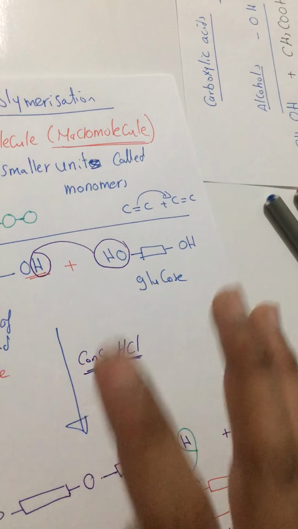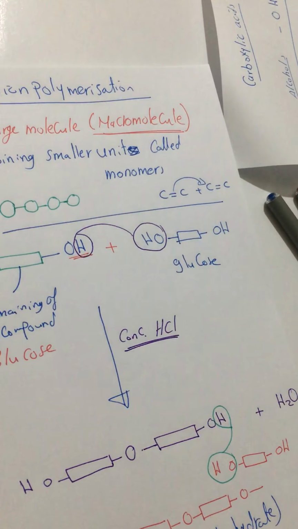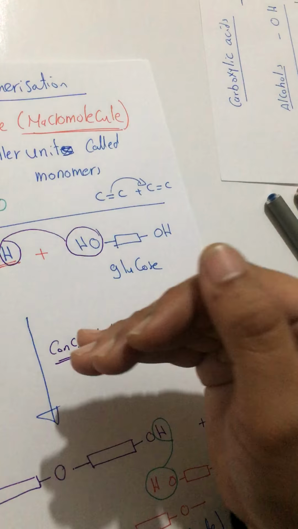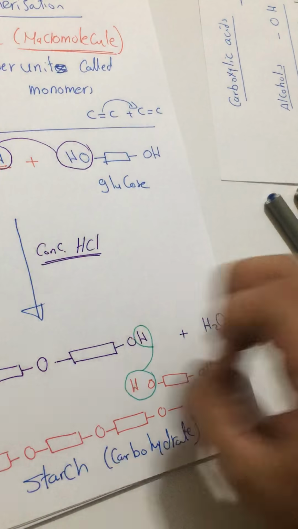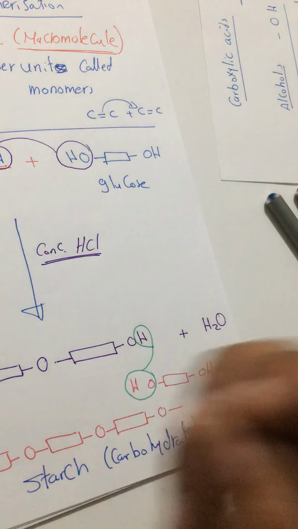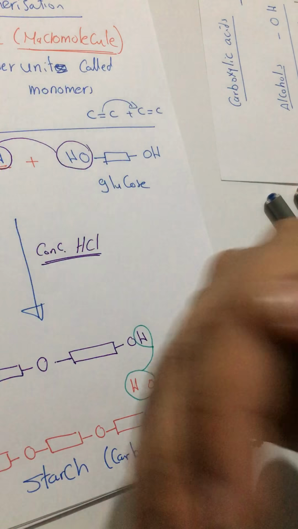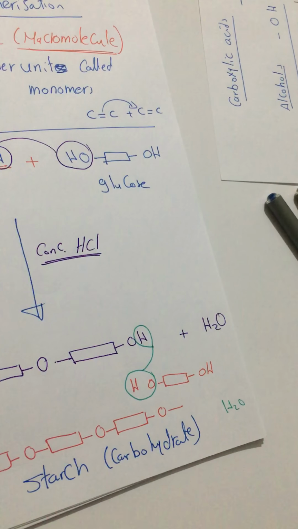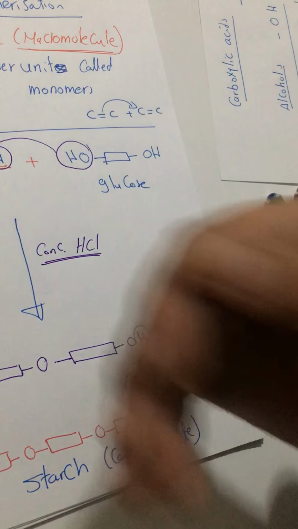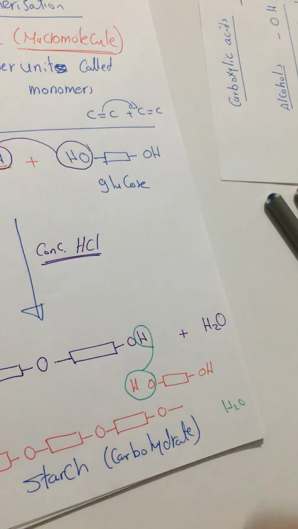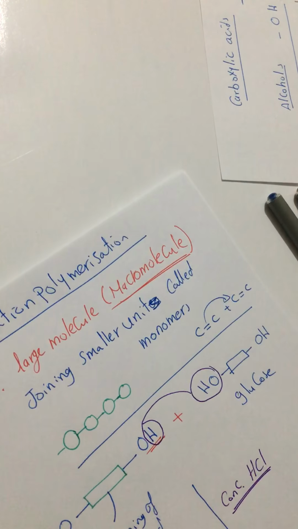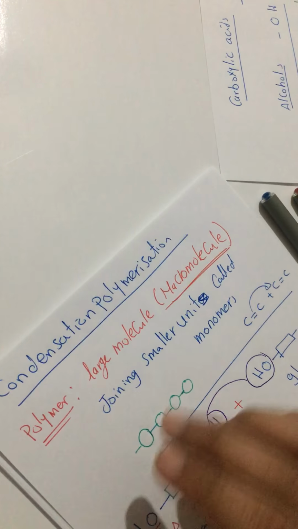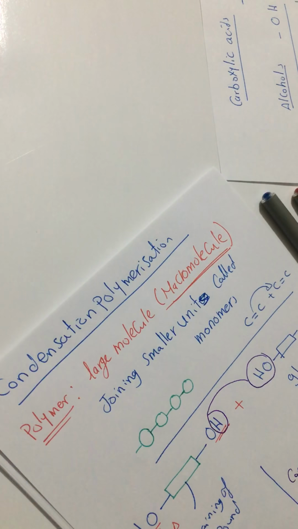The units of glucose are attached together by using a catalyst or an enzyme to make the condensation process by removal of water, joining different compounds by removal of water, then adding another unit and another monomer, and enlarging the molecule to have a polymer or a macromolecule, which is called a polymer. And this method used is condensation polymerization.